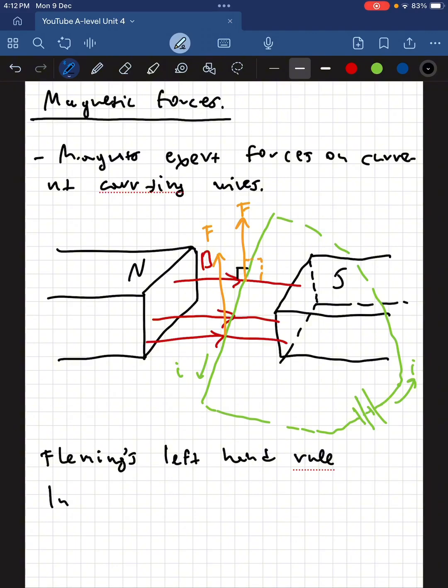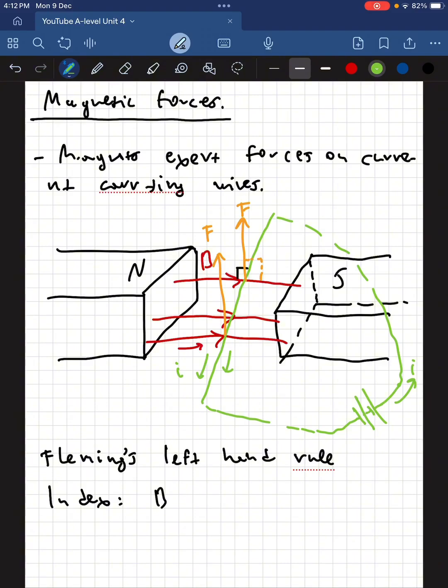So you put your index finger in the direction of B, this direction that I'm showing there with the little arrow. And then you put your middle finger in the direction of I. So this is the direction of I. And then your thumb is going to point in the direction of the force.